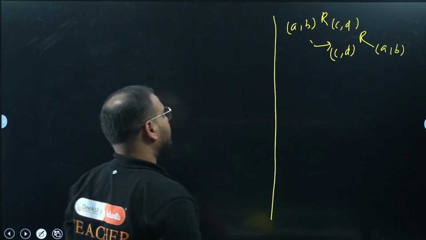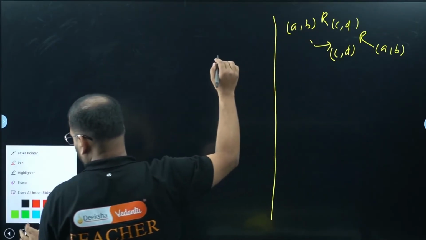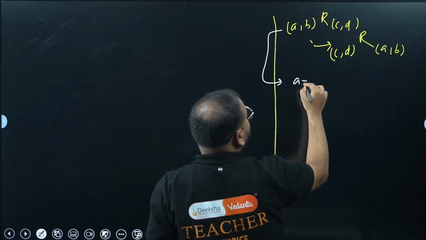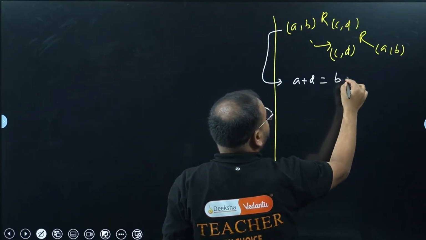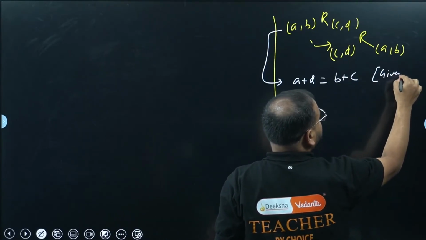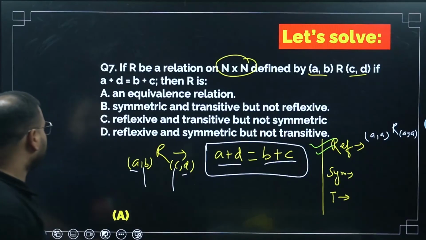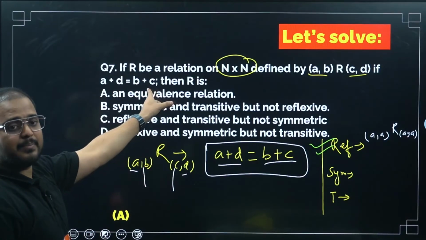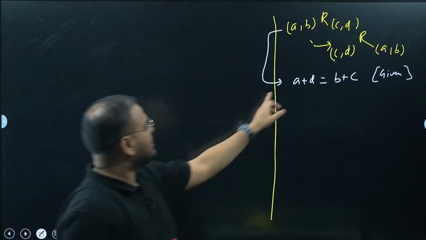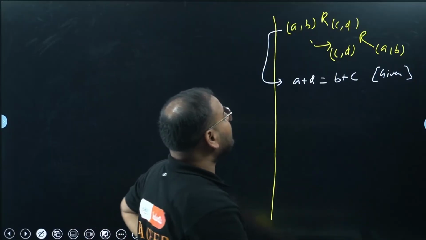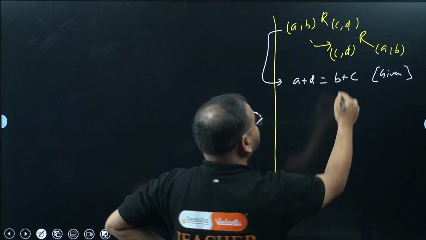Let's write the first one. From here what we have is A plus D equals B plus C. This is given, I have not done anything. Please check, no confusion: A plus D, B plus C. Now I have to go to this part.